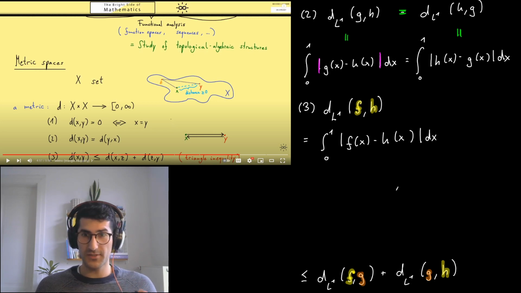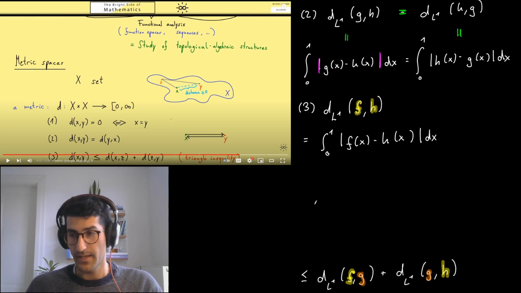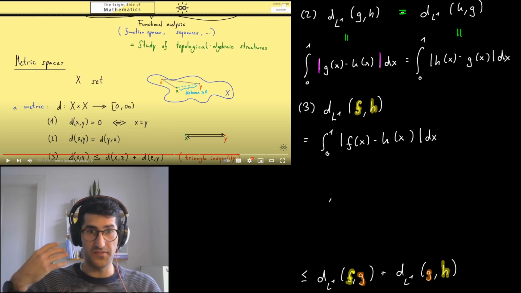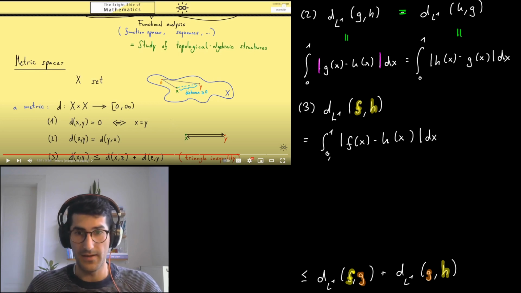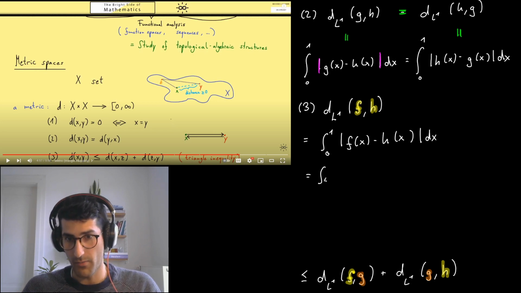Next, there comes a trick that is very often used in calculations of this type: introduce a 0 that you can use for further calculations. The 0 that we are going to introduce here is just the difference of g of x and g of x. How are we going to do this?